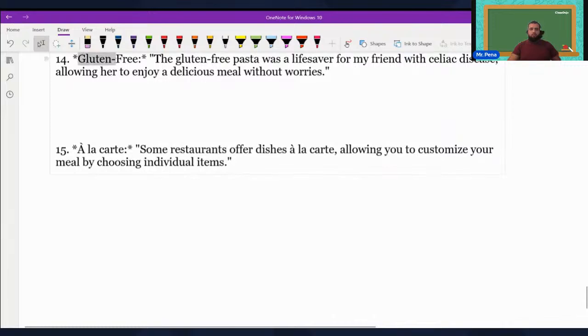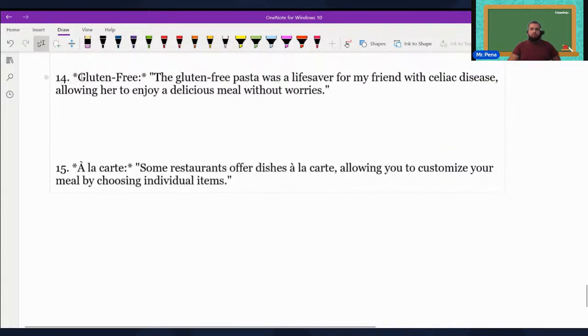We have two more. Gluten-free and a la carte. Gluten-free pasta was a lifesaver for my friend with celiac disease, allowing her to enjoy a delicious meal without worries. Gluten-free is one type of food.